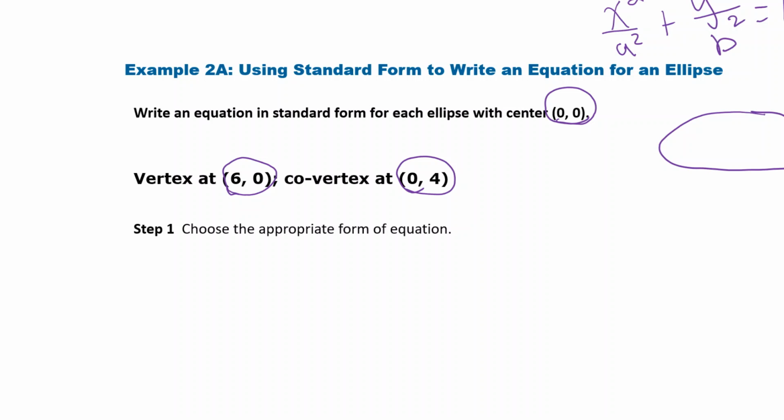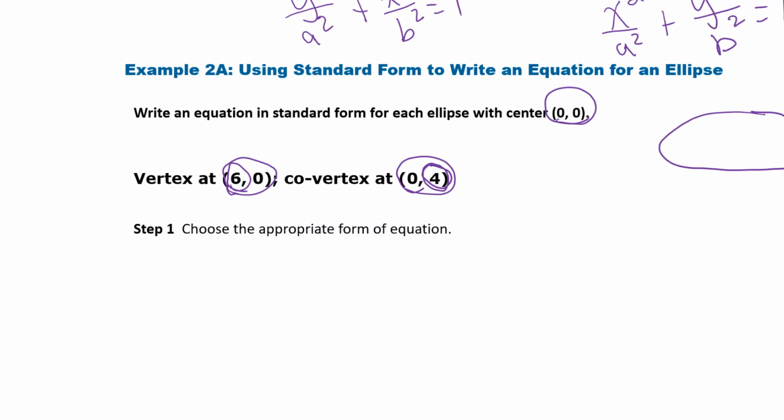Or is it going to be our other equation, y squared over a squared plus x squared over b squared equals 1, where the major axis is with the y? Notice that the vertex is at (6, 0), and that's larger than this 4.